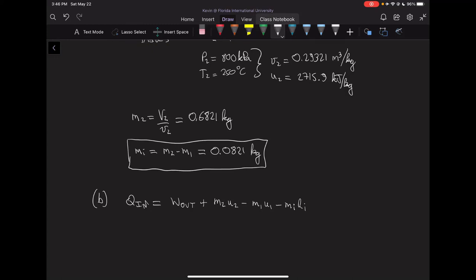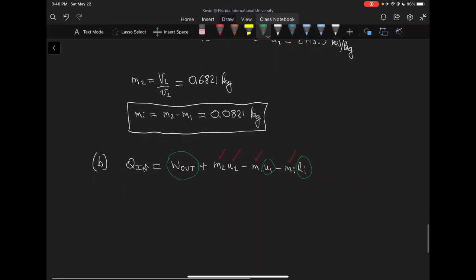So now we already have M2, U2, we have M1, we have MI. What we're left to find is W out, U1 and HI. Okay, so those are the three terms that we have to find. So let's look for U1 first.